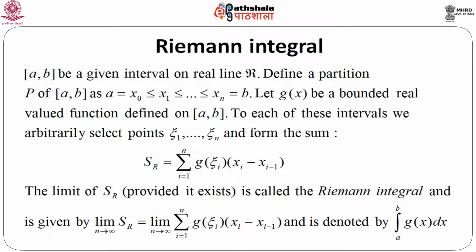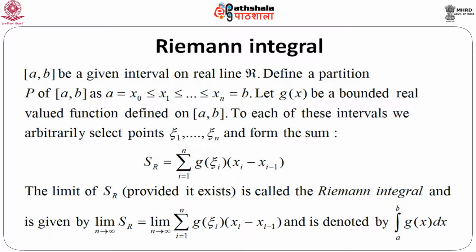If the limit of S R exists, it is called the Riemann integral. That means the limit of S R as n goes to infinity, which is the limit as n goes to infinity of the sum of g of xi i into x i minus x i minus 1, and we denote this by the integral from a to b of g x dx.